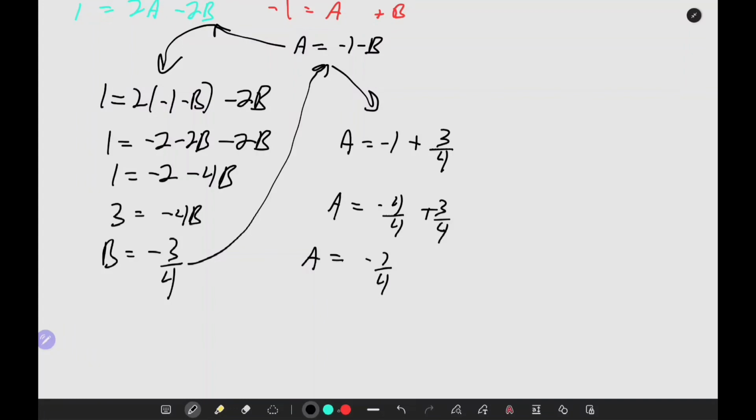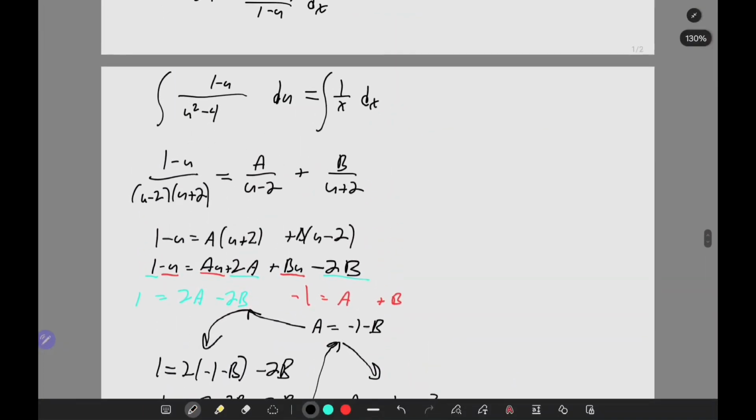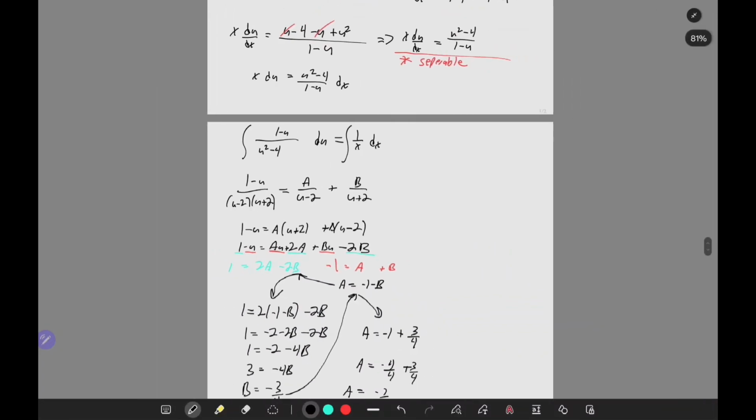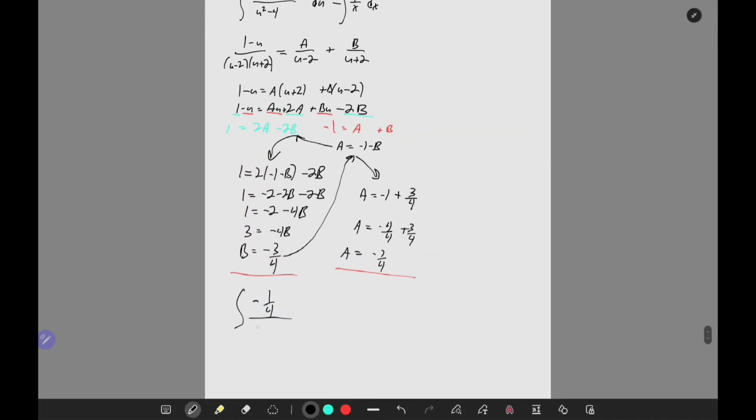Yep. So this is our a and our b. Now we plug it back in up here. So let me zoom out. We have the integral of negative 1/4 over u minus 2 plus, let me write it like this.